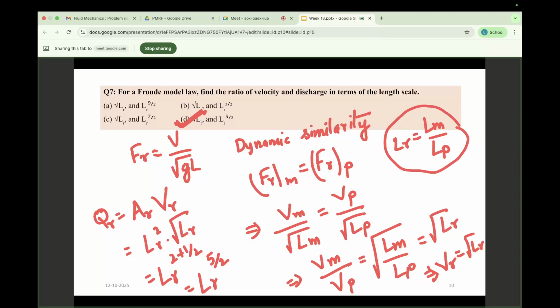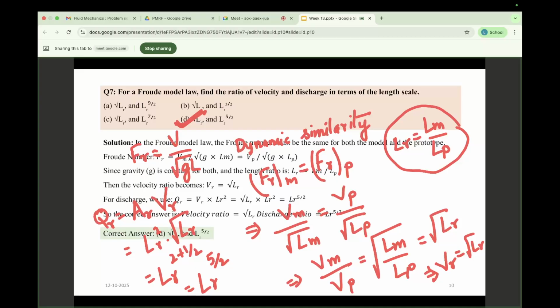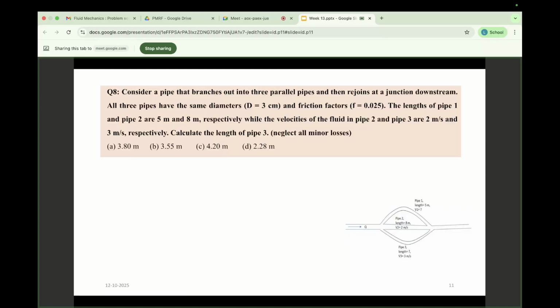Is it clear? Now I am moving to this next one for your simplification. So this question is regarding this pipe flow, and this thing is about head loss.